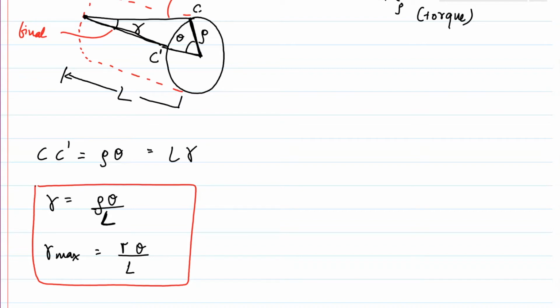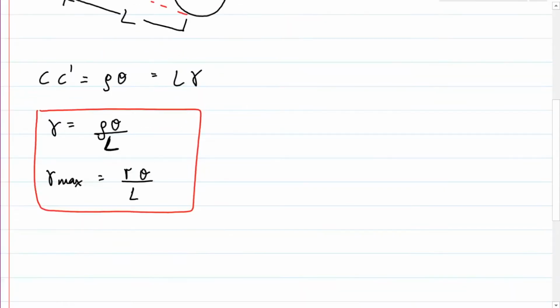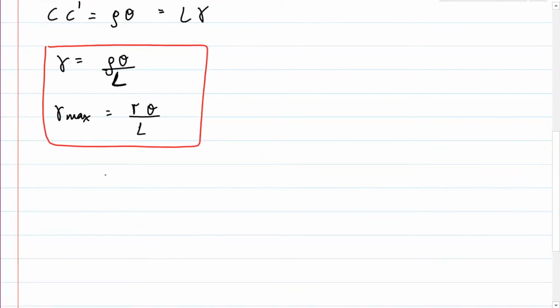Okay, the second thing we want to do is go from gamma, which is sort of the analogous thing in the uniaxial world to the strain, right? Gamma is like the strain, but in the torsional world, we want to find the shear stress. So the formula for shear stress, and this is like an empirical formula, is that the shear stress tau is the modulus of rigidity times the shear strain.